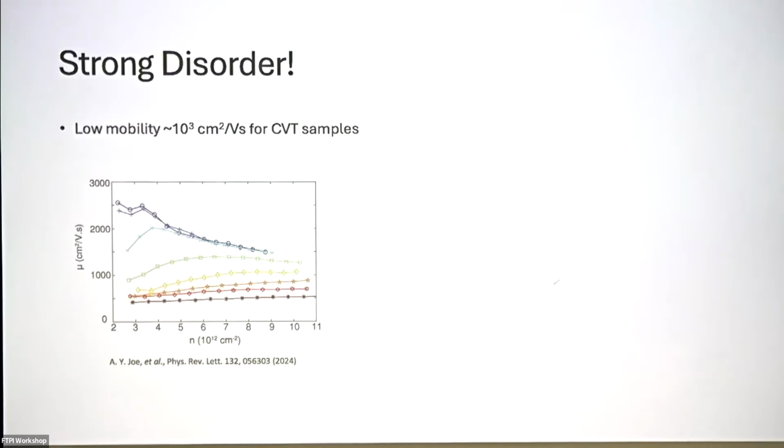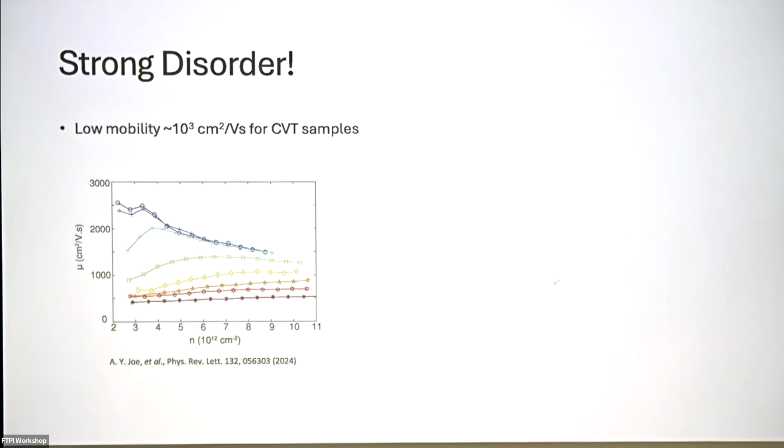However, this system is strongly disordered, which is characterized by its low mobility. It's only a few thousand for the chemical vapor transport samples. This plot I take from Philip's paper. They recently measured the mobility in two different samples.